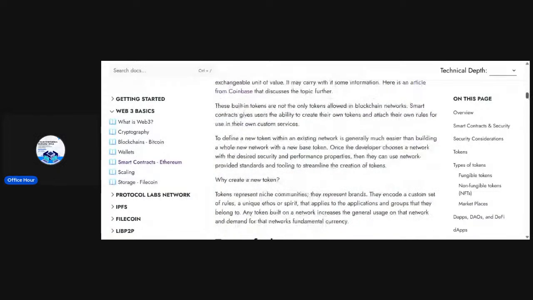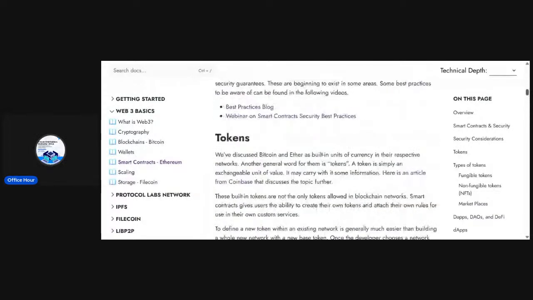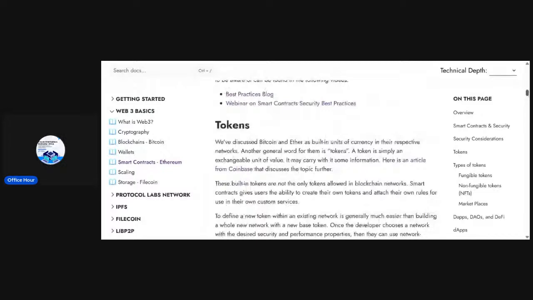Okay, that's fine. So what's a token? Can somebody tell us what a token is? Yeah, awesome. A digital asset that can be exchanged for value, you understand? So read about that.